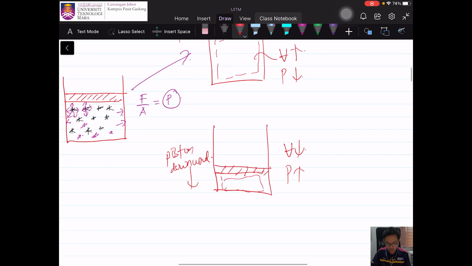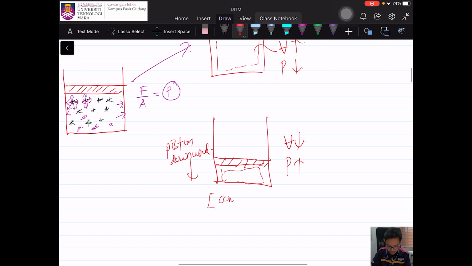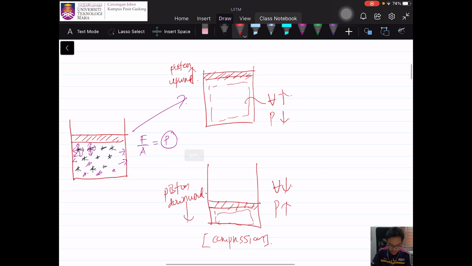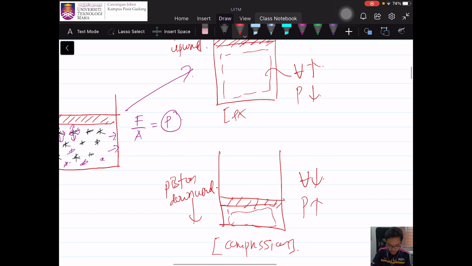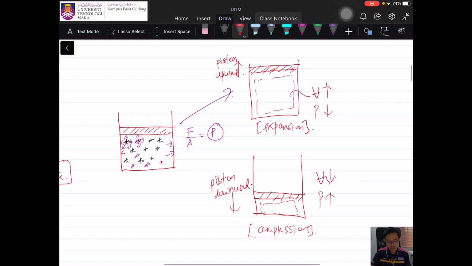This process we call the compression process, while the previous one we call expansion. Expansion corresponds to the increment of the volume, while compression corresponds to the decrement of the volume. In this experiment we will focus on these two parts.